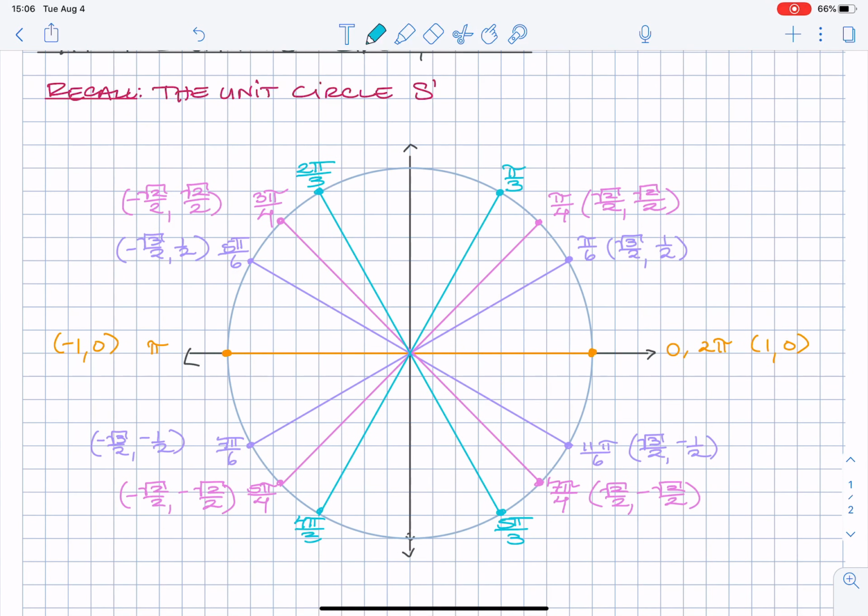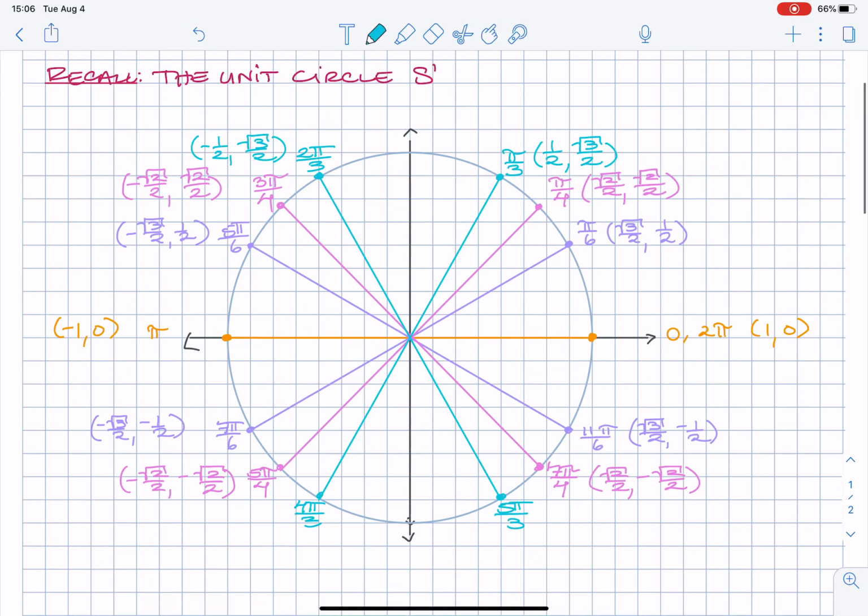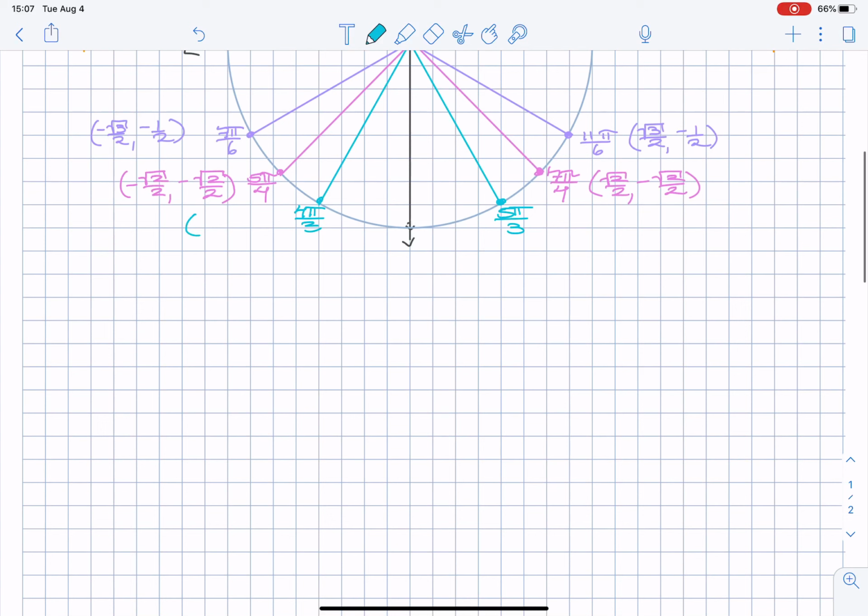Okay, so at the 60-degree reference angles, our x-coordinate is the root 1 over 2, or 1/2, the smaller guy, and the y-coordinate will be the longer guy, root 3 over 2. So we have the same coordinates, save for sign in each quadrant. Okay, so in quadrant 2, they're both negative.